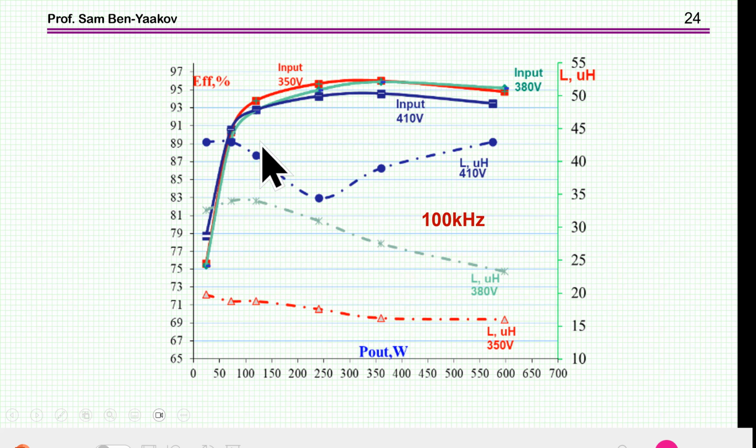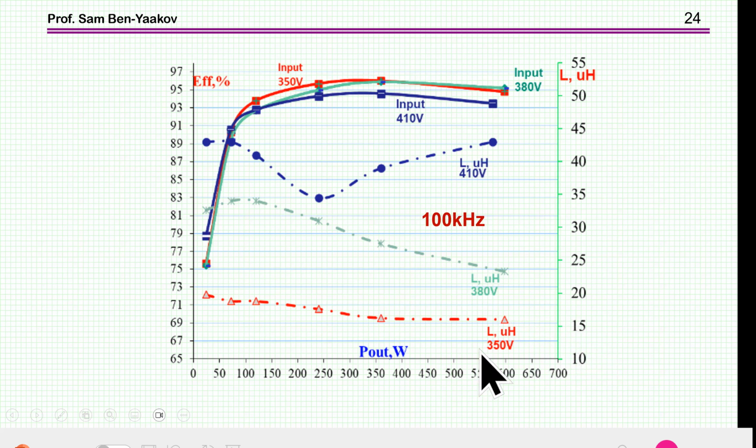The data is for three input voltages, 350, 380, and 410 volts. And the load will change up to about 600 watt, which is the nominal, maximum value of this converter. Now, what we see here is also how the inductance of the variable inductor had to be changed in order to obtain a constant frequency of 100 kilohertz. We see minimum change in this case. The fixed inductor of the Infineon design is about 16 microhenry.